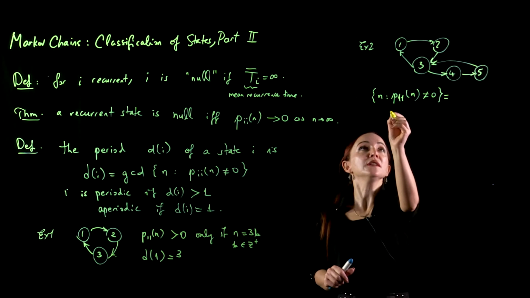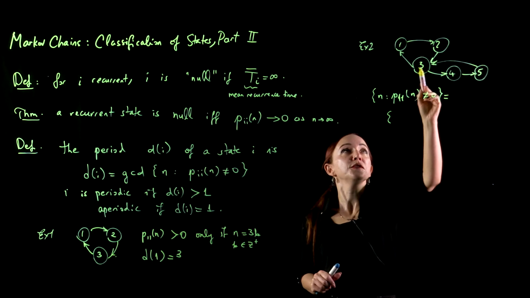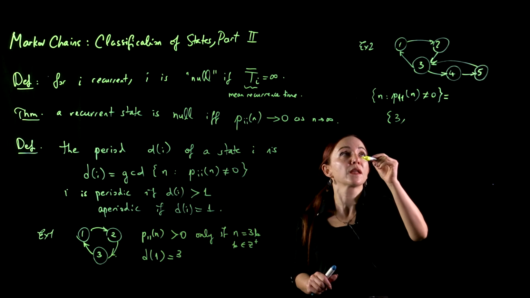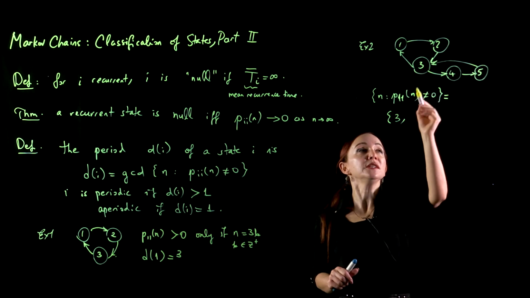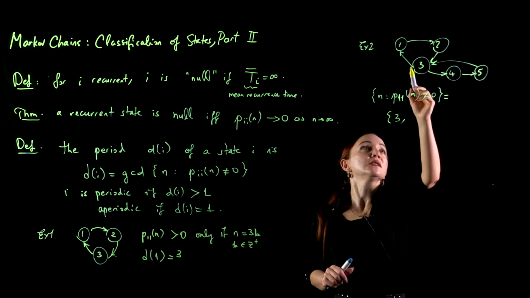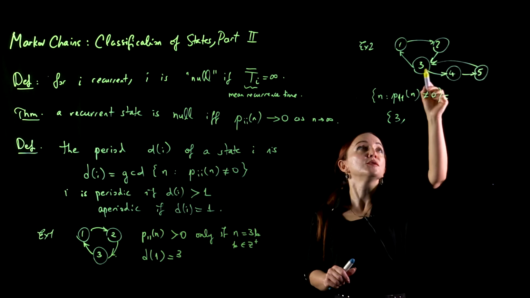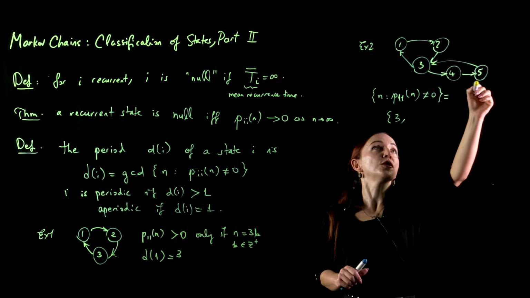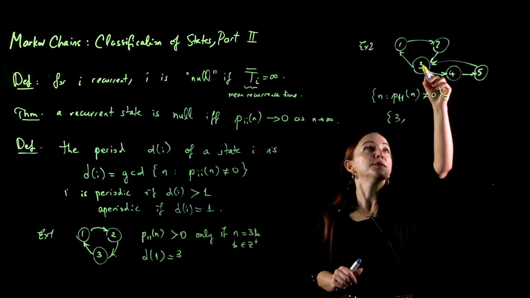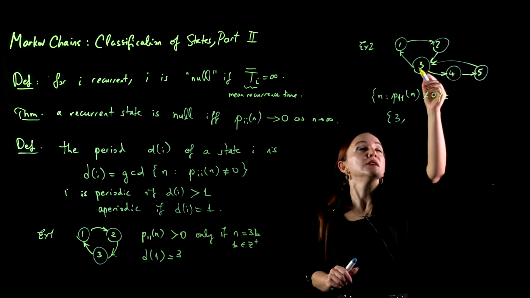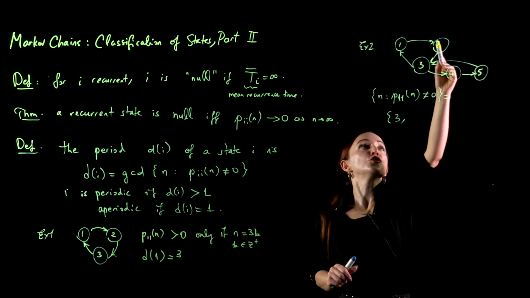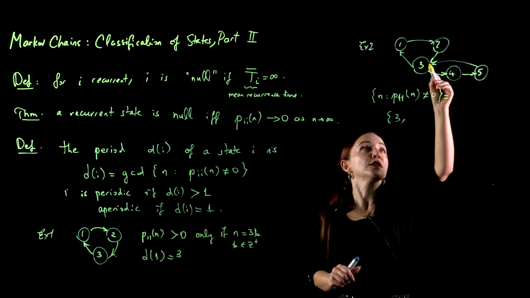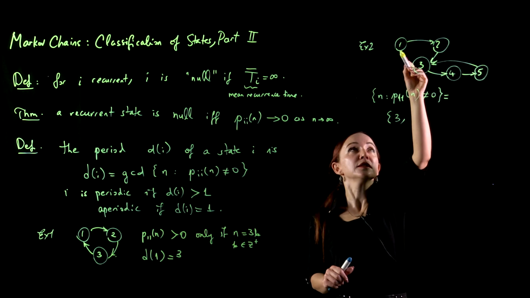Well, we cannot come back to 1 in fewer than 3 steps. So the smallest value of n is 3. 6 is possible. 6 is possible by going from 1 to 2 to 3, that is 2 transitions, and then 4, 5 back to 3, that is 3 transitions, and go to 1.